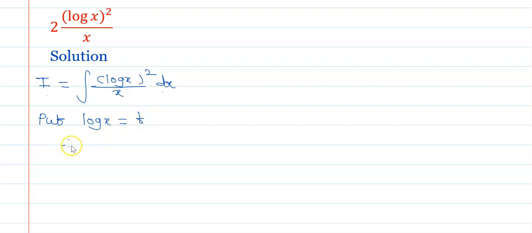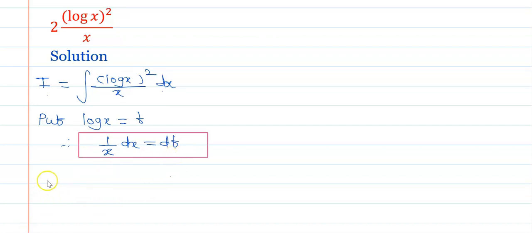Therefore its derivative, 1 upon x dx, is equal to dt, that is dx upon x equals dt, and this will be important.